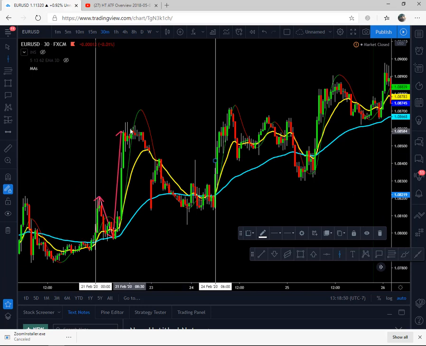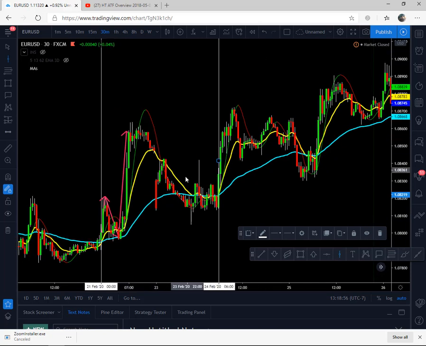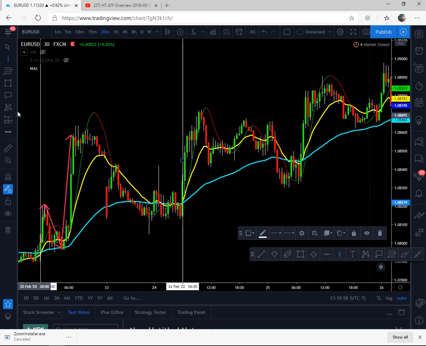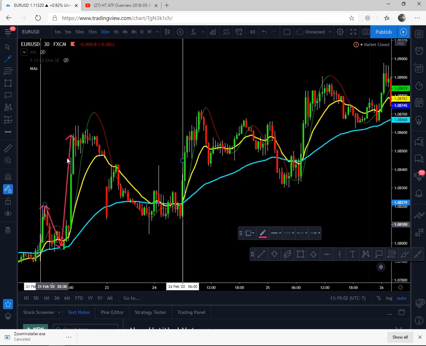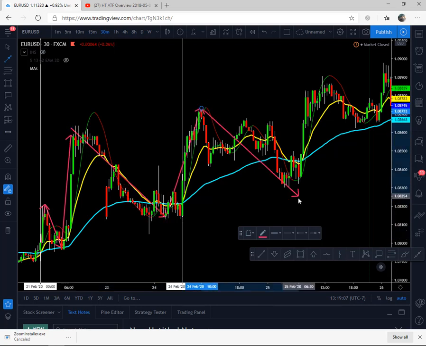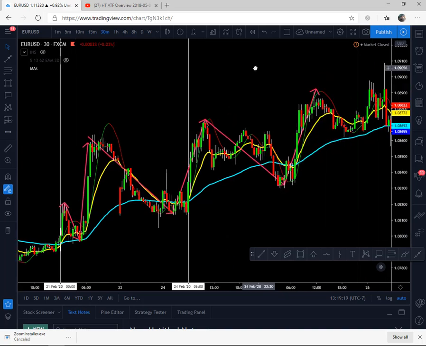because price was going up already, and it started to make higher highs, as you can see. So price right now is making higher highs, and pretty much higher highs are an indication of an uptrend or bullish momentum.